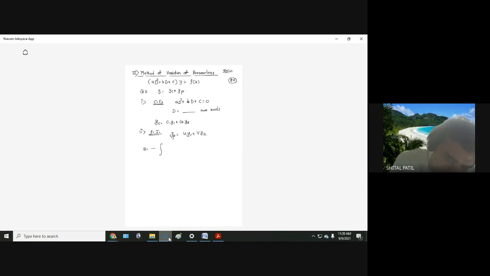Yesterday we wrote the formula. u equals minus y2 f of x divided by W, whereas v is y1 into f of x divided by W. W is the Wronskian, the determinant of y1, y2, y1 dash, y2 dash, which is always non-zero since y1 and y2 are linearly independent. Clear? Let me change the page.